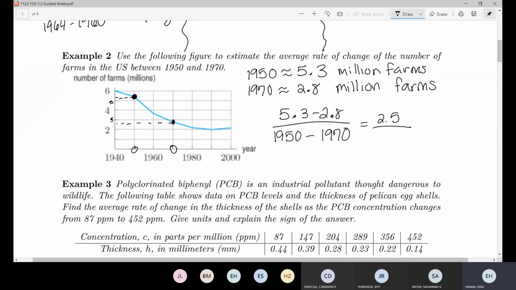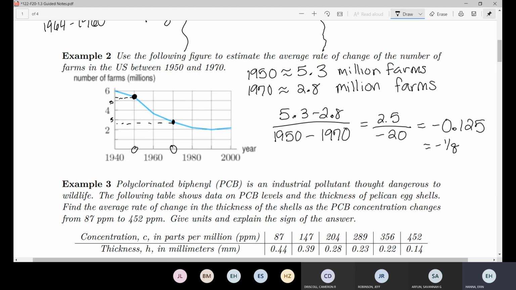That's just going to be negative 20. If we care about what that is as an actual number, 2.5 divided by negative 20 is negative 0.125, which I believe is 1/8. It is. That's cool. Anyway.